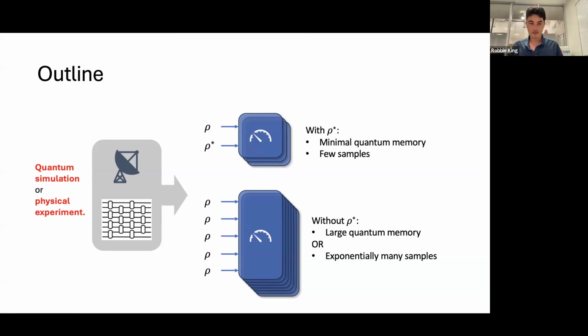And what we'll see is that if we are allowed to perform entangled measurements on ρ tensor its complex conjugate state, so ρ ⊗ ρ*, then we need very, very few samples to perform this task. Yet if we only have access to ρ, not the complex conjugate, then even if we measure many copies of ρ in an entangled basis, we still need exponentially many samples.